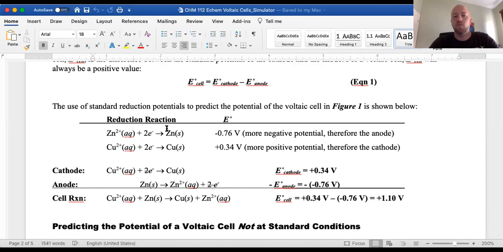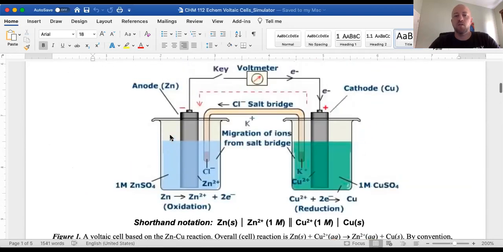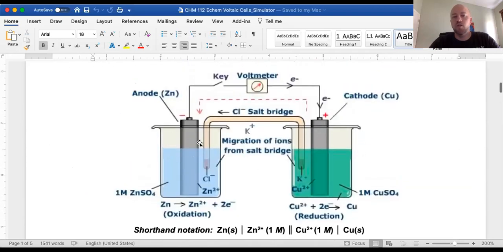That's where the oxidation is occurring, the loss of electrons. When you look at the cell, the electrons that generate the electricity are generated from the anode. The anode loses the electrons, and that's what causes the cell to operate.